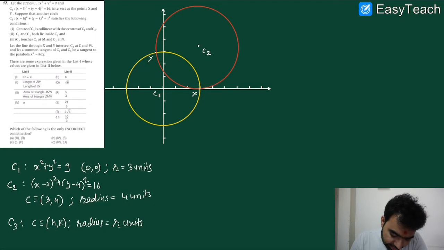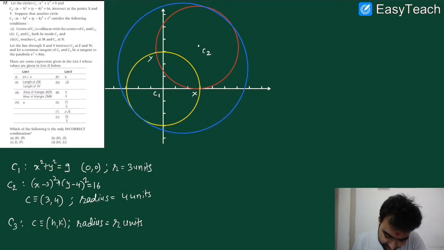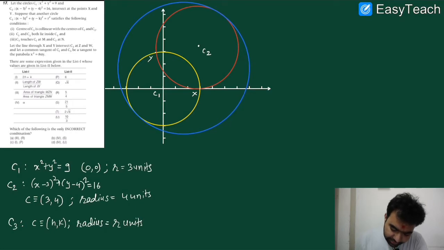So the third circle is a big circle which touches both the circles. C3 touches C1 at M, and C2 at N.